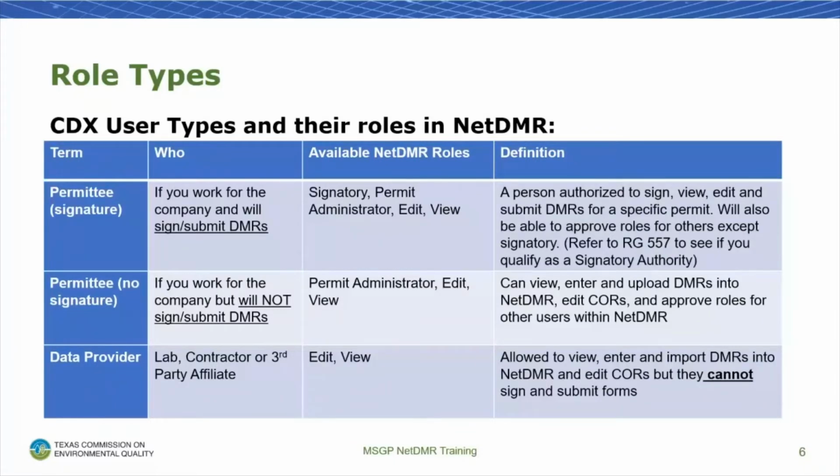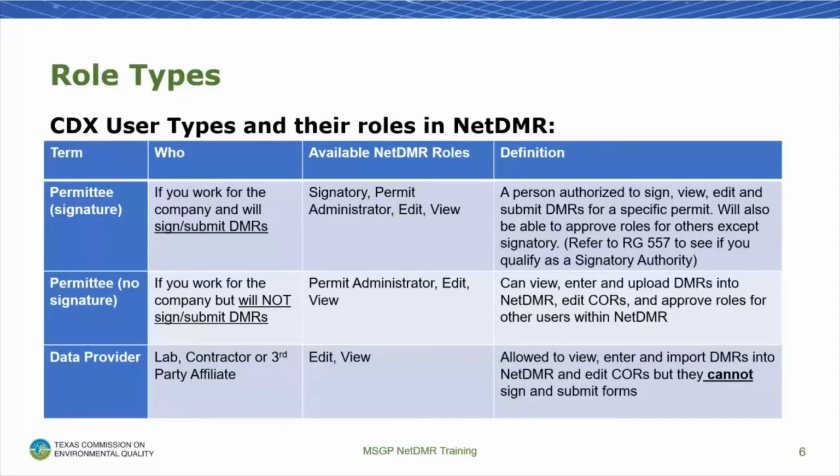Here are some of the CDX user types and their roles in Net DMR, what they're able to do. The first one is the permittee signature. This is a role that you want if you work for the company and you will be signing and submitting DMRs. This will give you the signatory, the permit administrator, and the edit and view role.